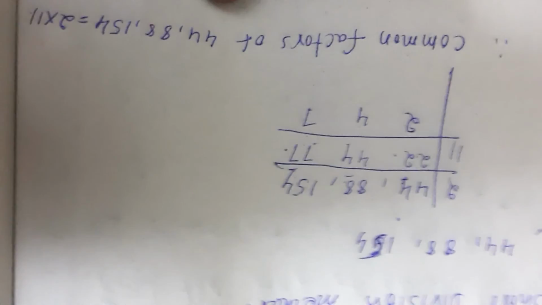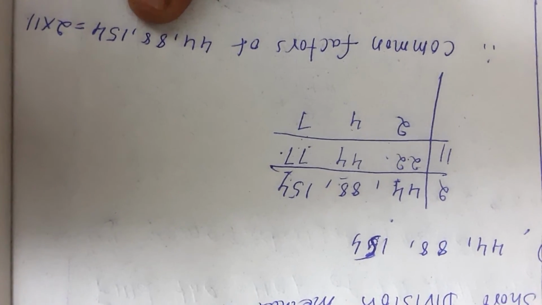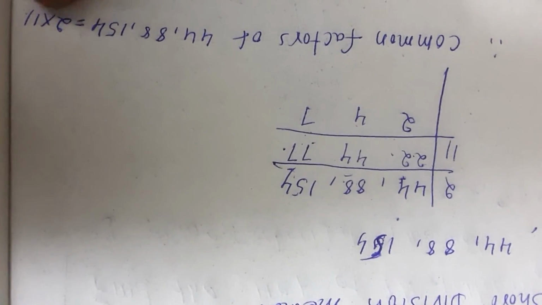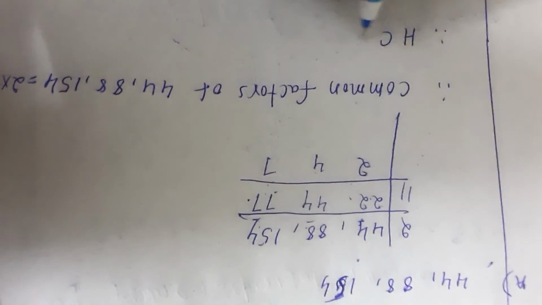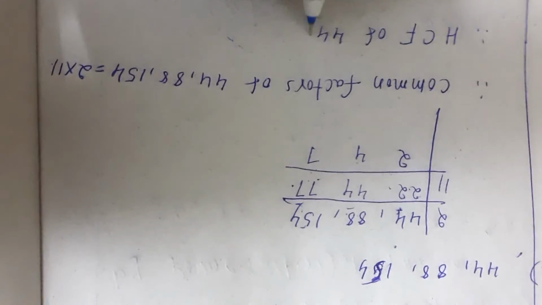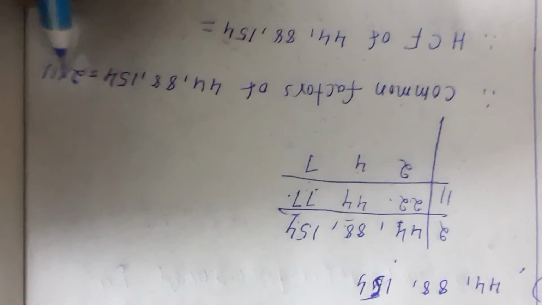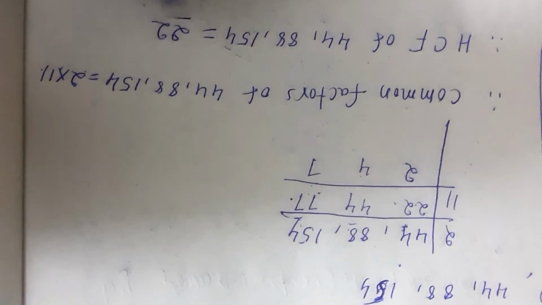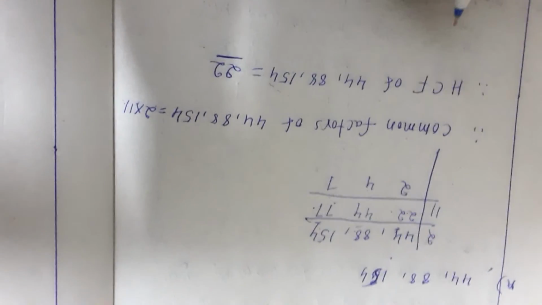Therefore the HCF of 44, 88 and 154 is equal to 2 elevens are 22. This is the short division method for finding HCF.